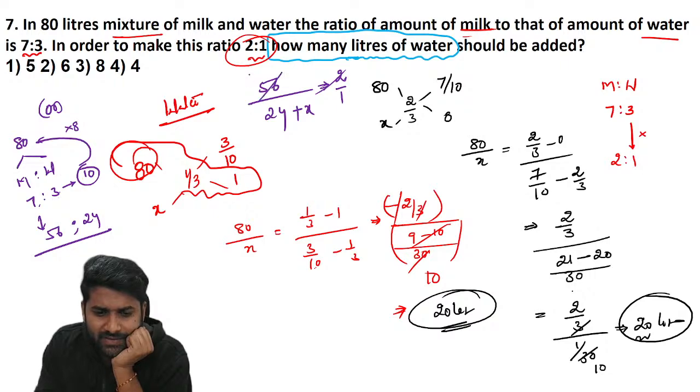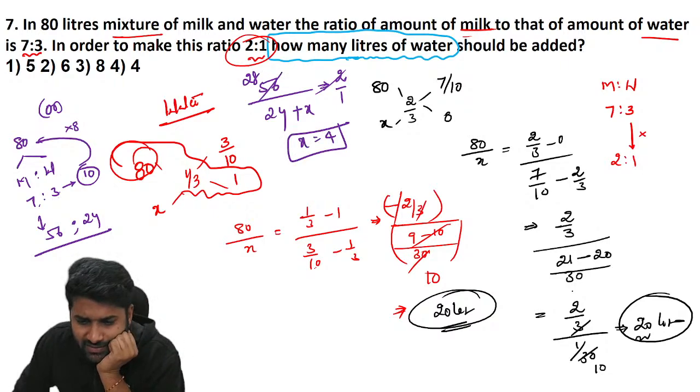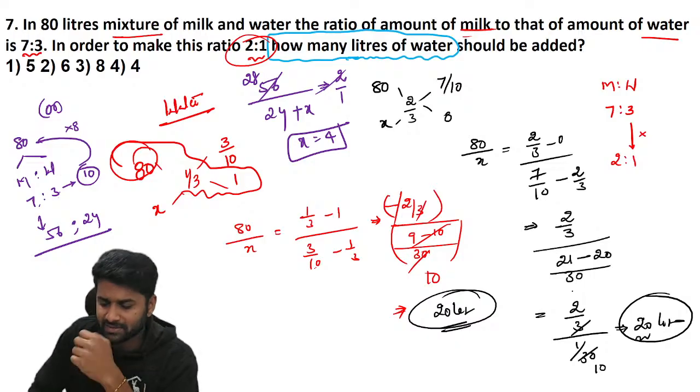So do exactly 28 times, then x become 4. We will get different answers. Here if we will get 20 liters and here 20 liters, the value become 4.